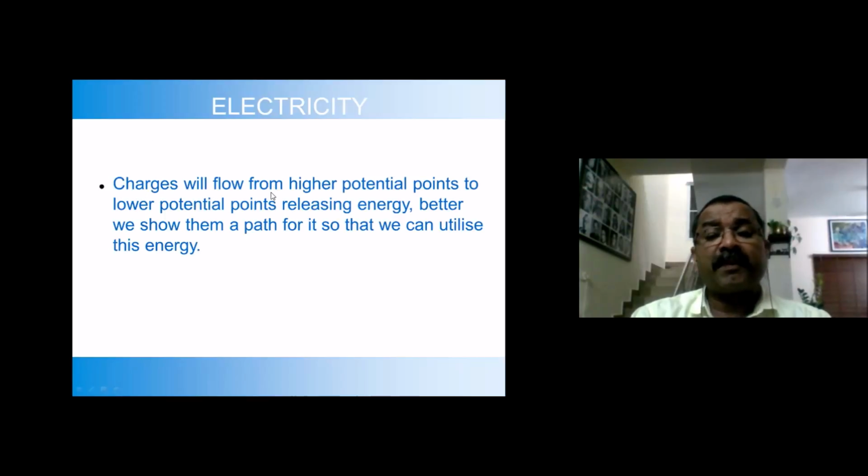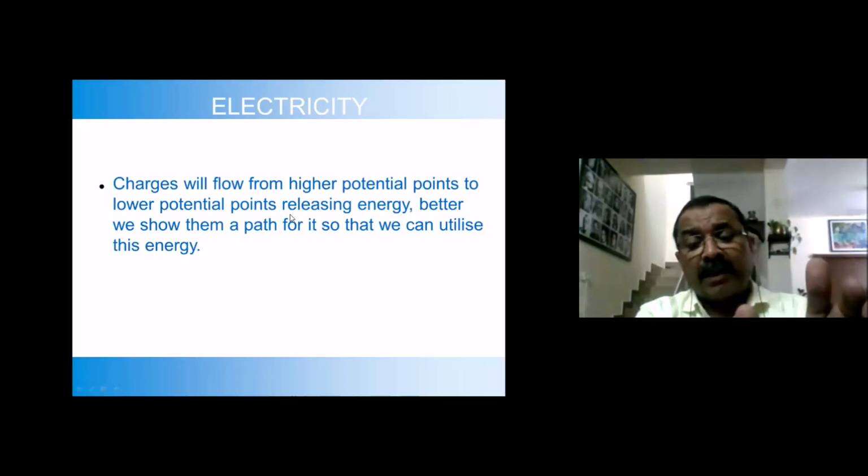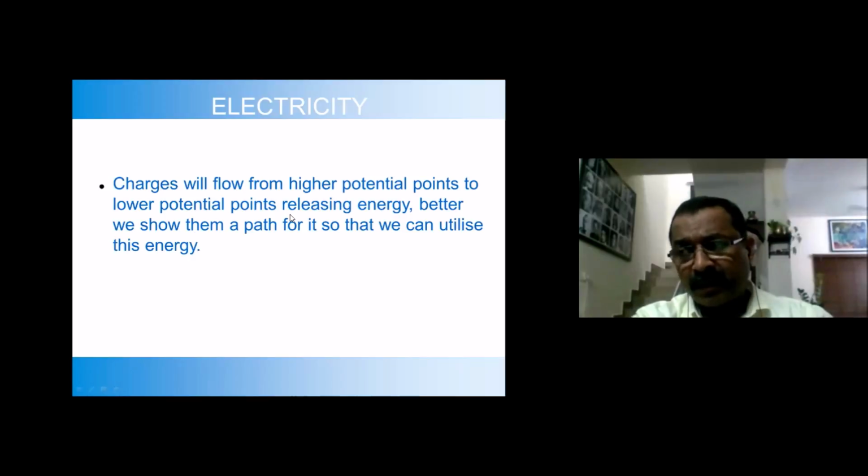So charges will flow from a higher potential point to a lower potential point, releasing energy. So we will show these charges a path. These charges will flow through these equipments, and when they release energy, these equipments will do work. If it is directed through a bulb, the bulb will glow and it will give you light energy.